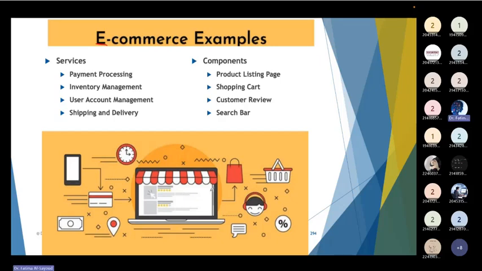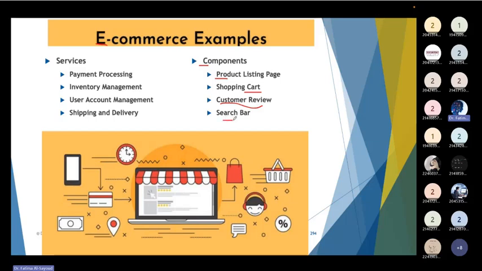طيب نجي إلى المثال هنا عندنا. I have a component. البارت أو example of the component, it can be the product listing البيج. لما أروح إلى قائمة المنتجات and I have a drop down list, هذا راح تكون component. الكار الشوبينج كار هذه component. الكوستمر ريفيو الأشياء اللي يكتبوها المستخدمين تقييمهم, this is a component.